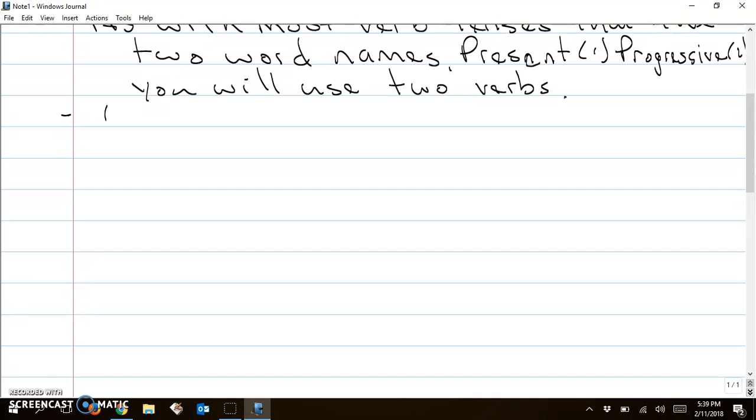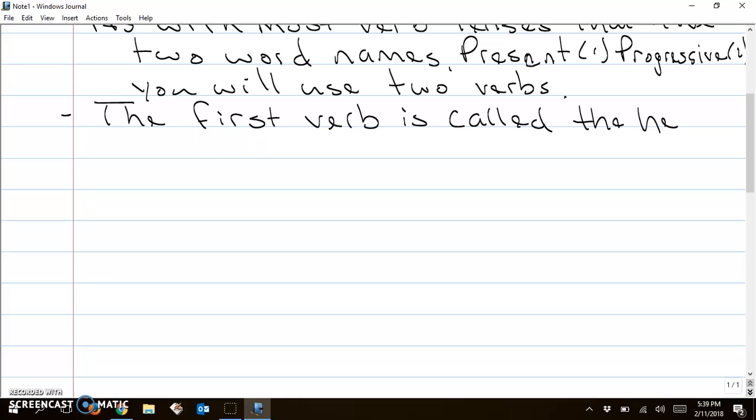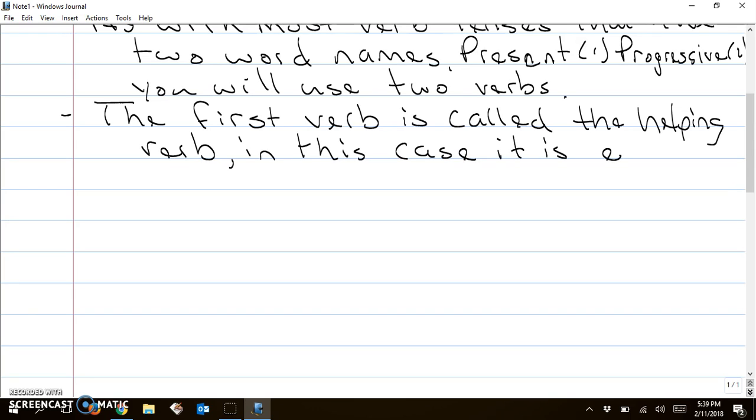The first verb is called the helping verb. In this case, it is estar. So, I got to know the conjugations of estar.